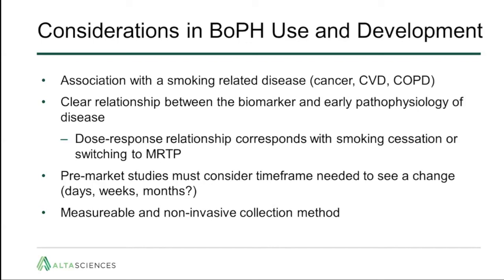Oftentimes, the benefits and the risk of disease can take days, weeks, months before you can see noticeable improvements. And so therefore, clinical trials with such claims need to evaluate an appropriate time frame to substantially prove that there is a benefit and a reduced risk that is imposed by a product.